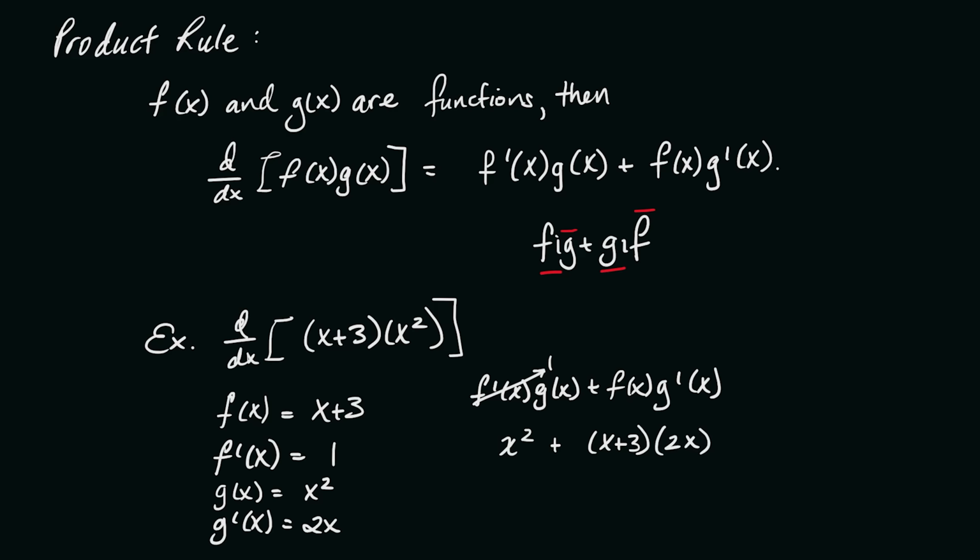In rare cases do they tell you to expand it, but in this case we will expand it because it's a lot easier. So that'll be x squared plus 2x squared plus 6x, and that'll lead us to 3x squared plus 6x. And that is our answer here.